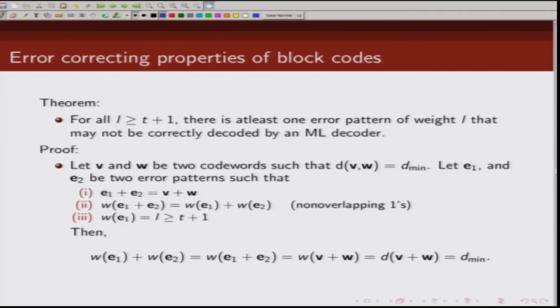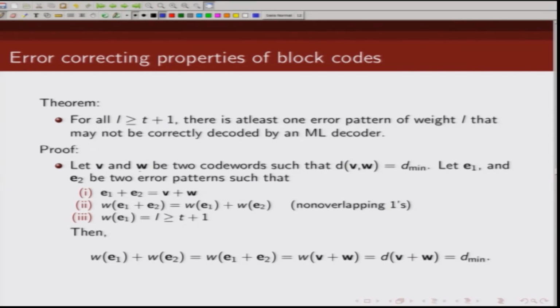So, for error patterns of weight L, if L is at least t plus 1, then our maximum likelihood decoder may not be able to correctly decode or correct that error. So, let us prove this.